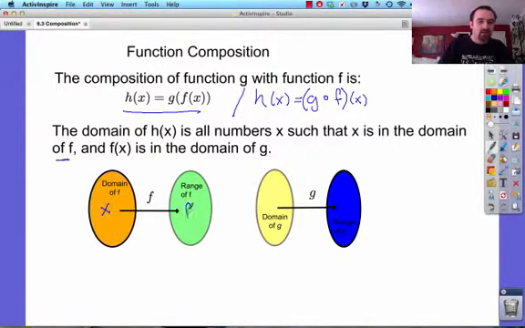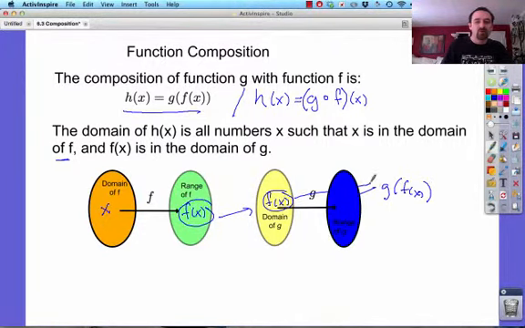X to f of x, and then we would put f of x to g of f of x. That's the chain. X goes from here to here, and then g picks that up and goes from here to here. And again, it's blue, so you can't read that.